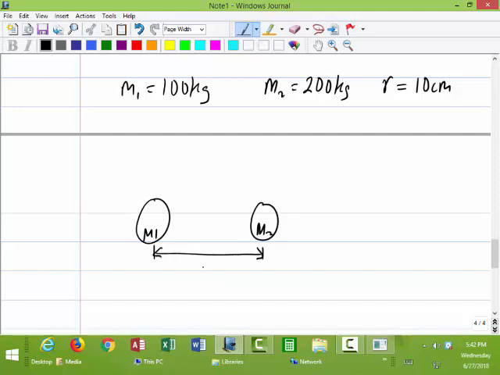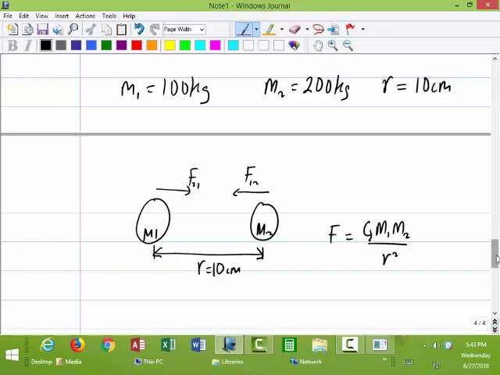Notice that I've been drawing the distance from center to center, because as I mentioned earlier, the gravitational force law acts as if the masses are concentrated at the center of the object. So when I draw the diagram, I draw the separation from center to center. Here is the force of 2 on 1, and here is the force of 1 on 2. These 2 forces give you the gravitational force, which is given by this formula.